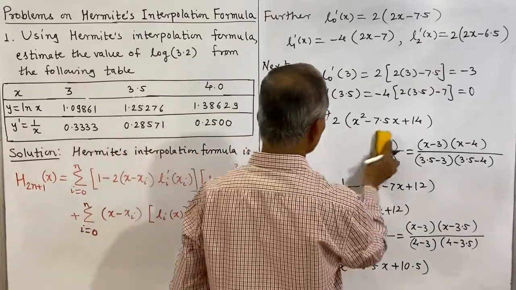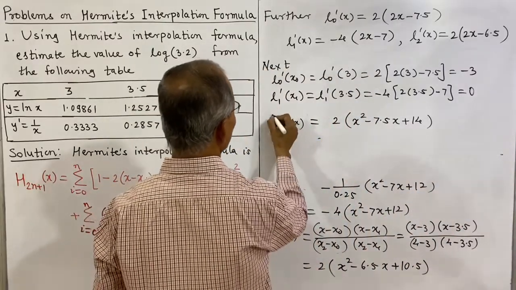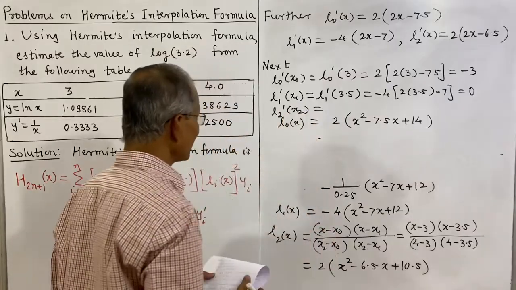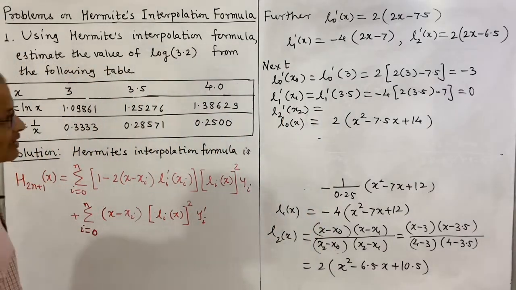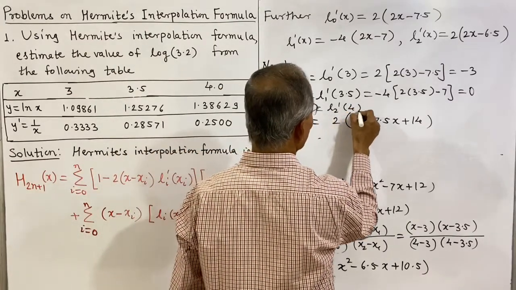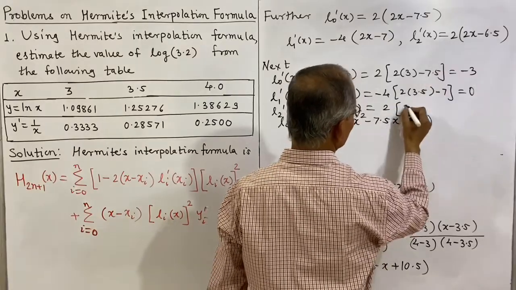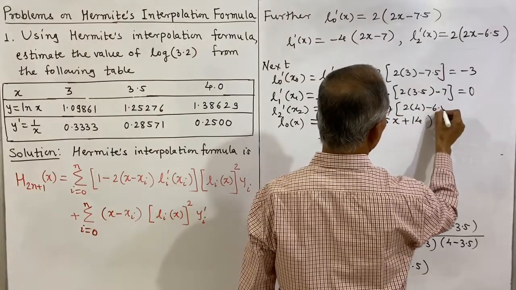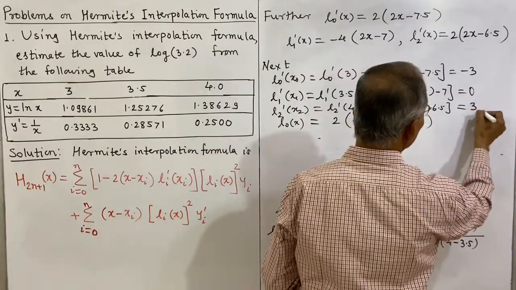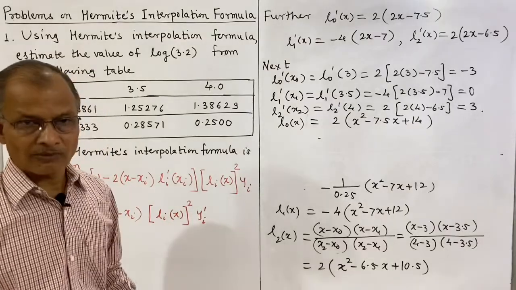One more value we require, that is L2 dash of x2. And what is x2? x2 is 4. So L2 dash of 4, that is 2, and in bracket 2 into 4 minus 6.5, and this value is 3. So you can verify this by doing the calculation with the help of a calculator.